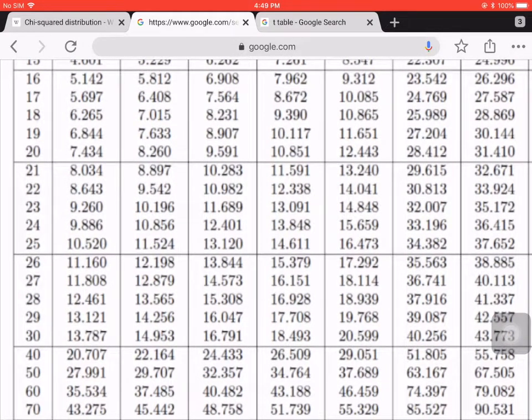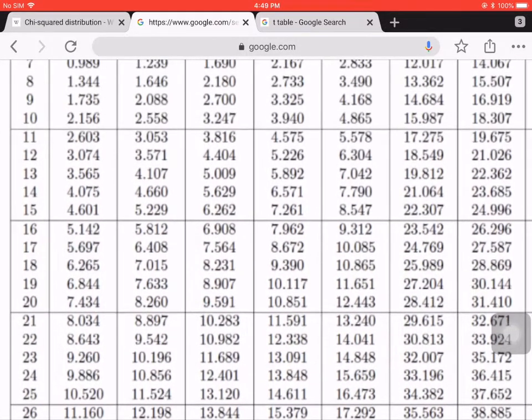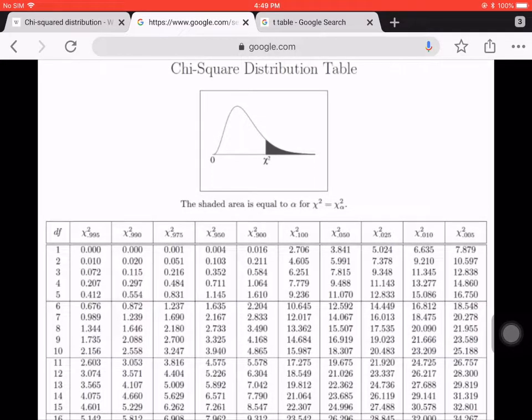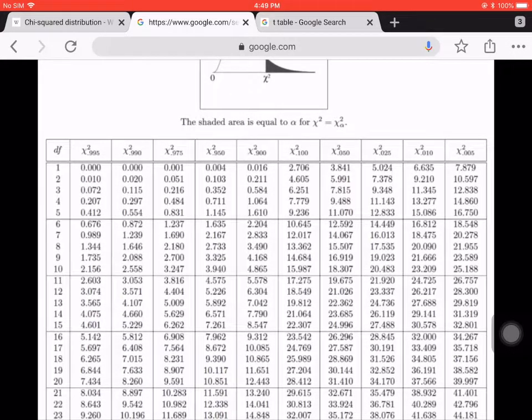You're going to focus on this row, and because we would like to make the shaded area 0.05, you're going to find the 1, 2, 3, 4, 5, 6, 7, 8. The 8th column, which is chi-square 0.050.